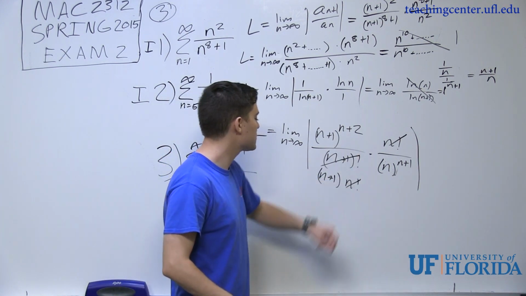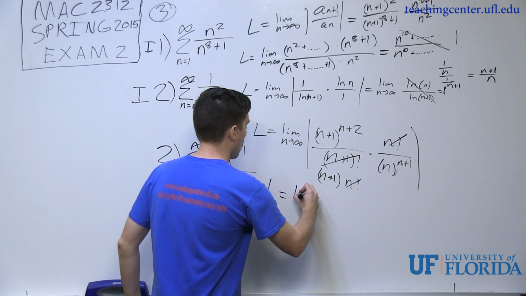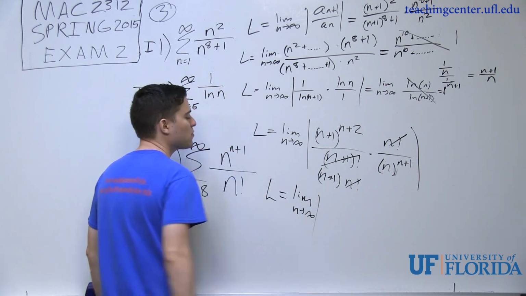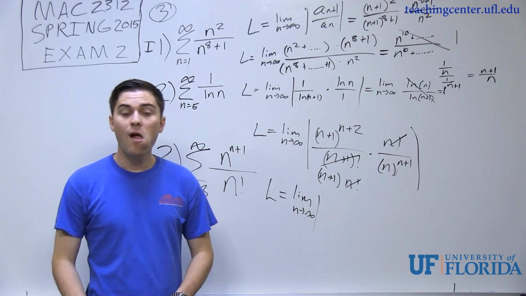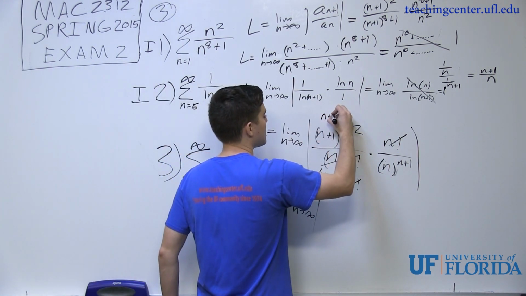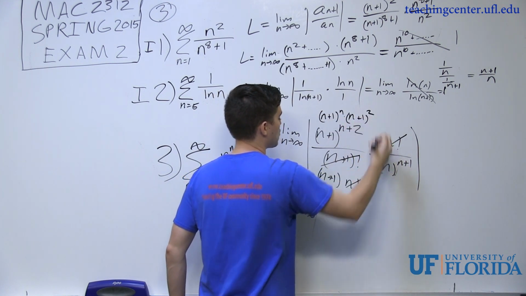So for these terms, it's going to take a little bit more work to try to get them out. But what I can do is say that n plus 1 to the n plus 2, I can break that up into different powers. So this is equal to n plus 1 to the n times n plus 1 quantity squared.